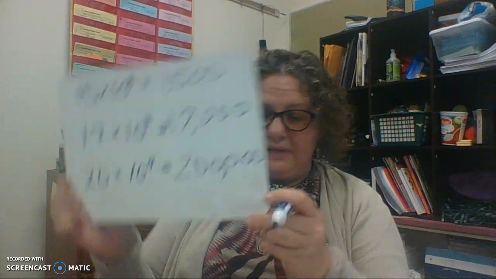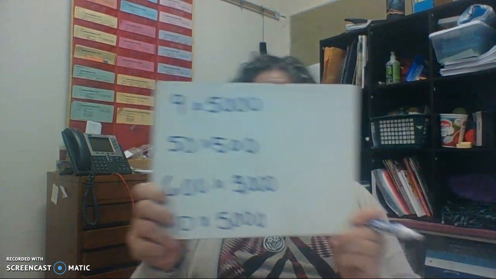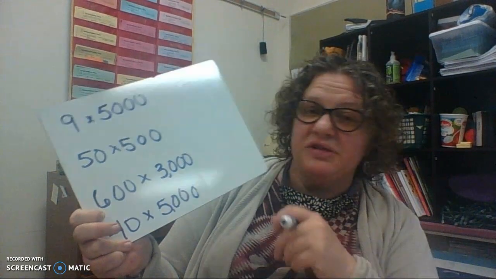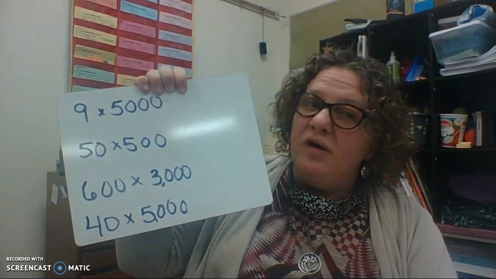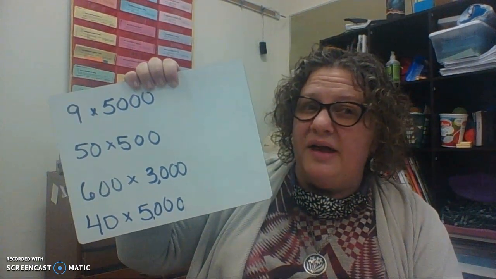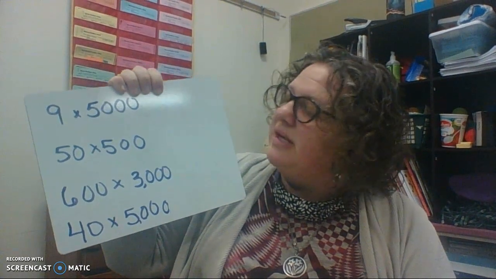Okay? The next part of the lesson is taking numbers and multiplying them by numbers with many zeros in them. This is where we take those first numbers and we just know our multiplication facts. This comes in handy when we start multiplying, like say we had 52 times 536.